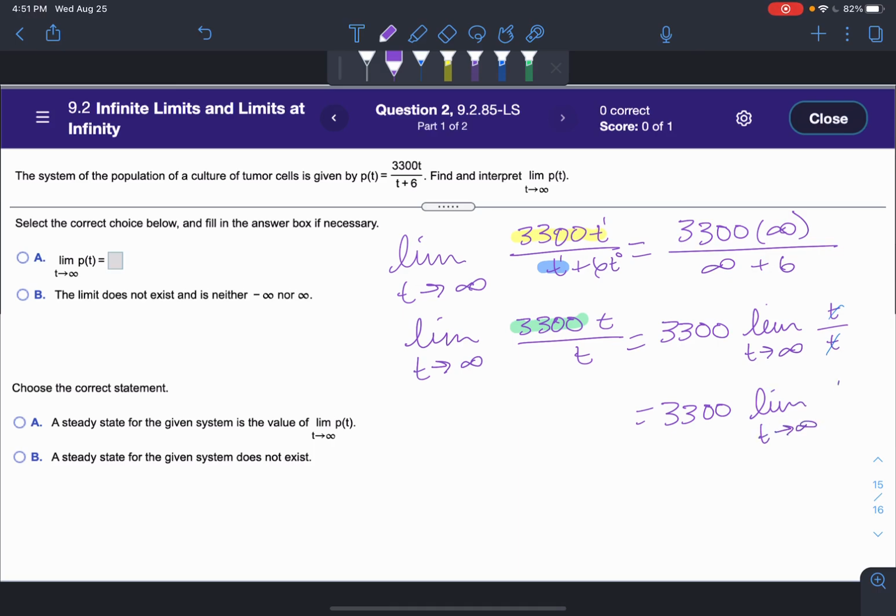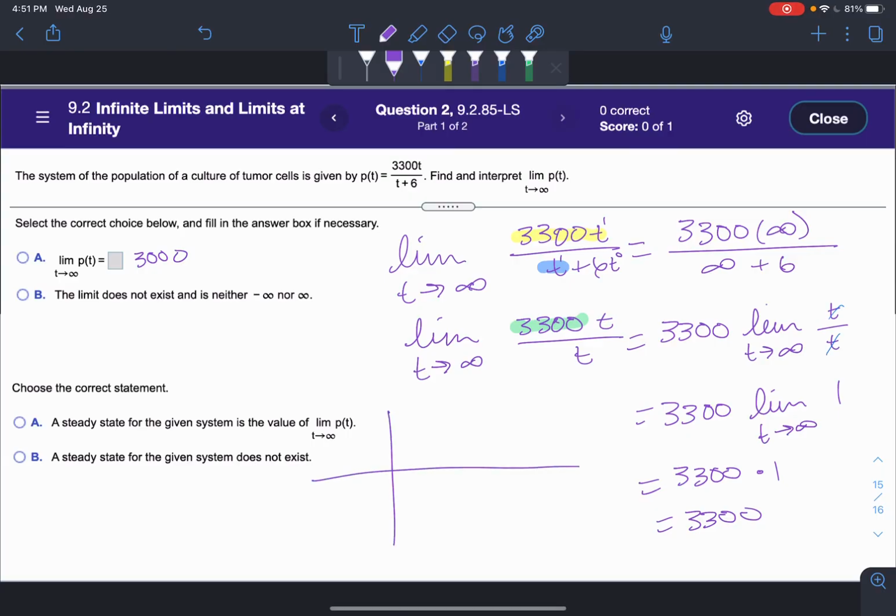All right. And so this last question is just interpreting what we just found. Basically, steady state is just the number that we approach if we go on and on and on to infinity. So I'm not exactly sure what it looks like, but as t grows, we know we're going to approach whatever p of t looks like.